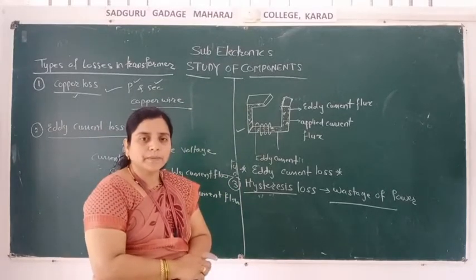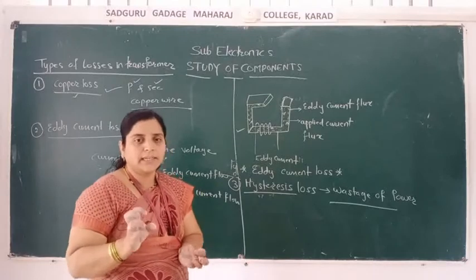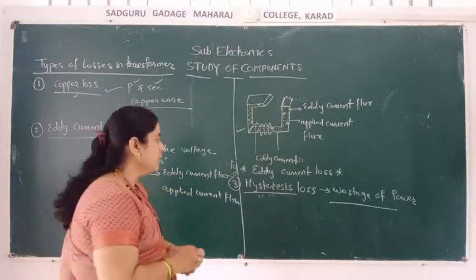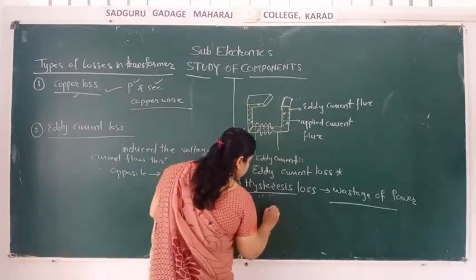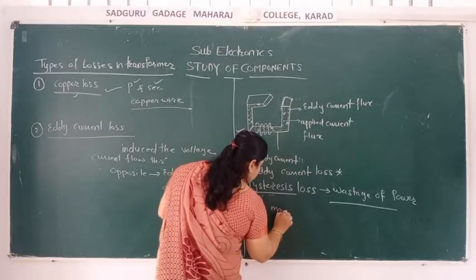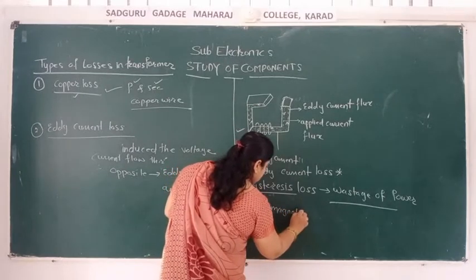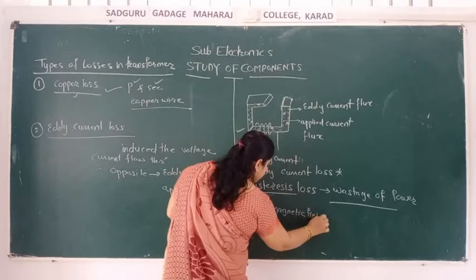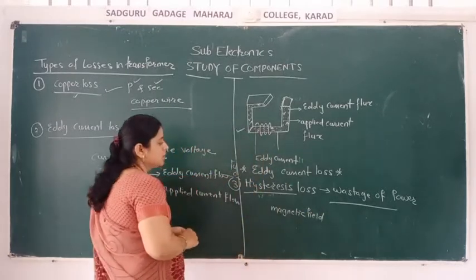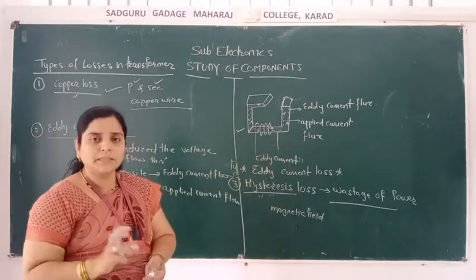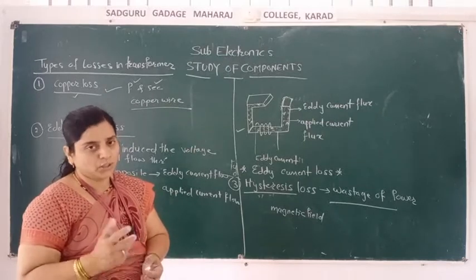Okay, to balance between that circuit and your power, you have to give the magnetic field. If you balance the magnetic field, then there is no loss of power.